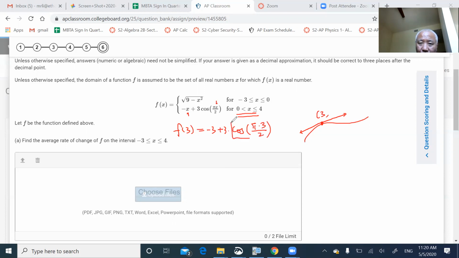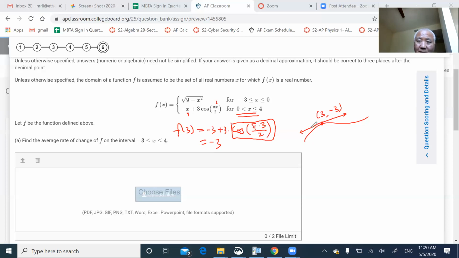And we know this one equals 0. So that means it equals -3. So you have the point (3, -3).